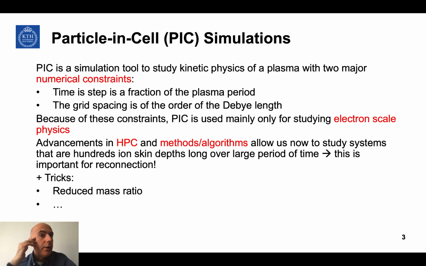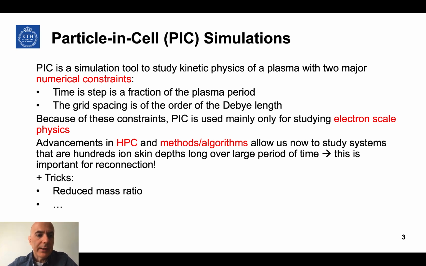Magnetic reconnection is more a phenomenon related to the ion dynamics that is enabled by the coupling of ion physics and electron physics, so it's important that we are able to simulate a very long period. That's why it is important to have advanced HPC and advanced numerical methods for simulating magnetic reconnection.